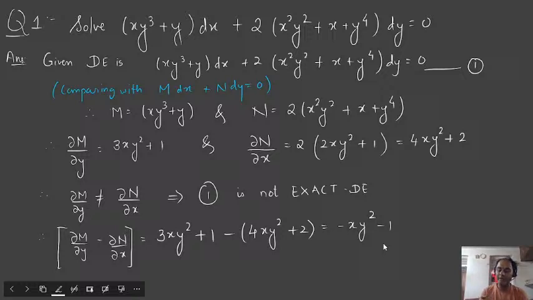We have two options: either we divide by N or we divide by minus M. On dividing by N, n is a big multinomial, x squared y squared plus x, it's not going to simplify. But on M we can clearly see that we can take y common, so we divide by minus M over here.